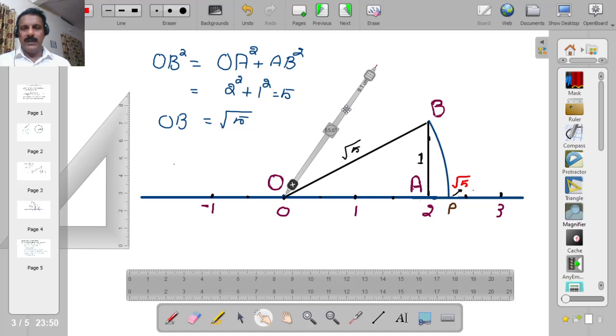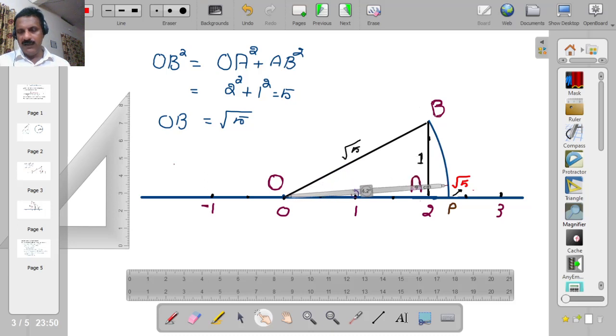Now we will be drawing a circle centered at point O and having radius equal to the length of OB. See, this is the circle centered at point O with radius OB.